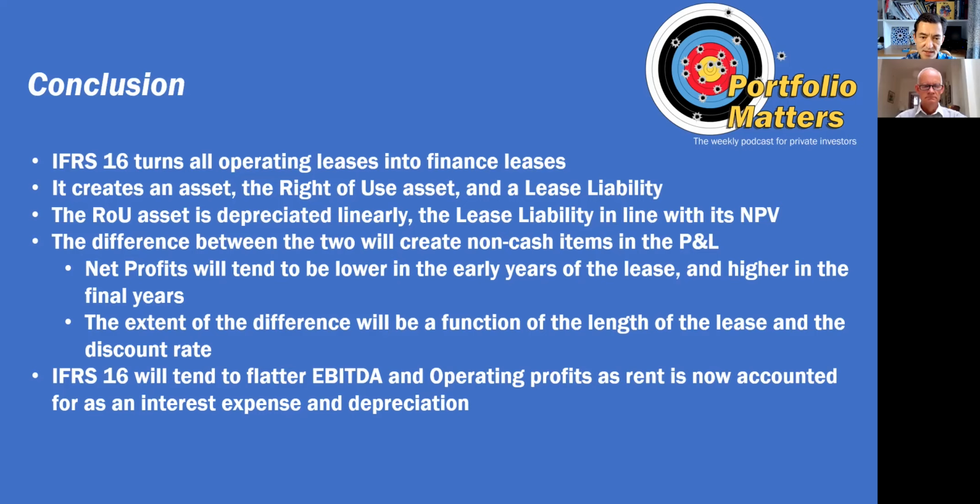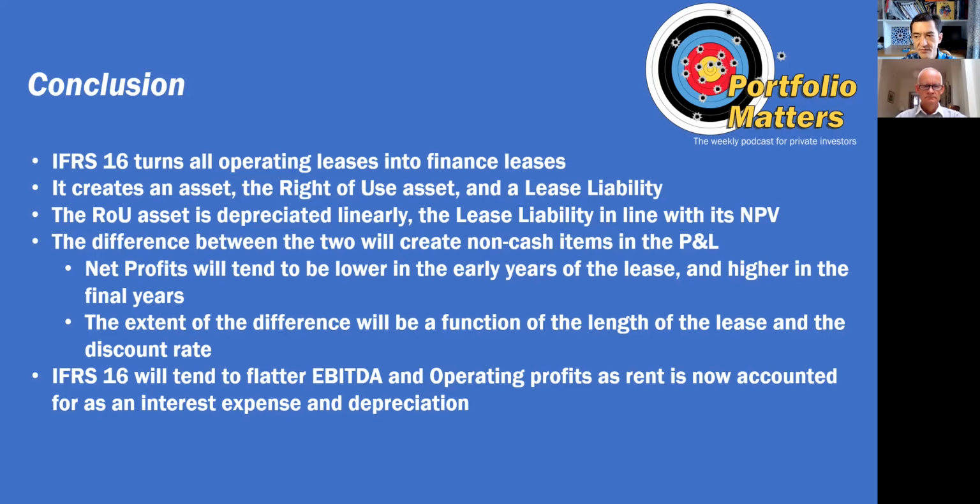It creates an asset called the right of use asset, which is equal and opposite to the lease liability. And over the lifetime of the lease, both the right of use asset and the lease liabilities decay as the rent is paid on the lease.